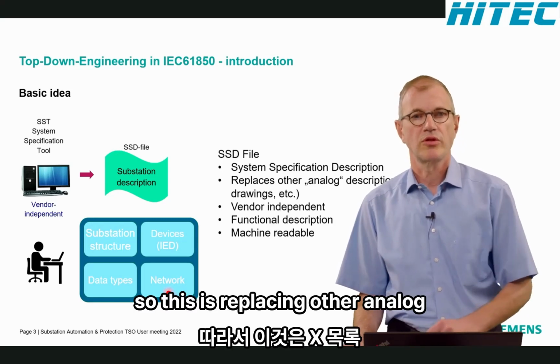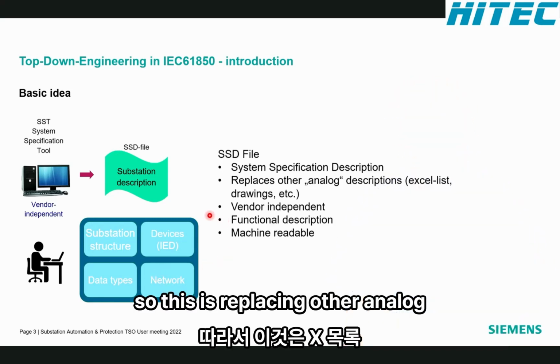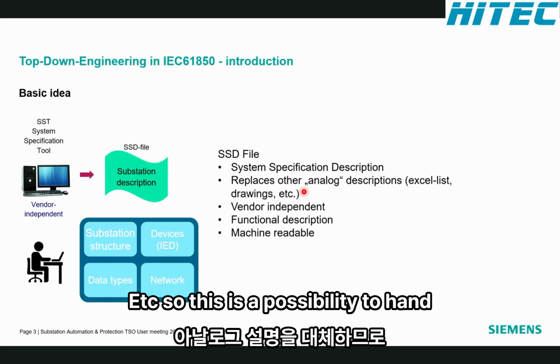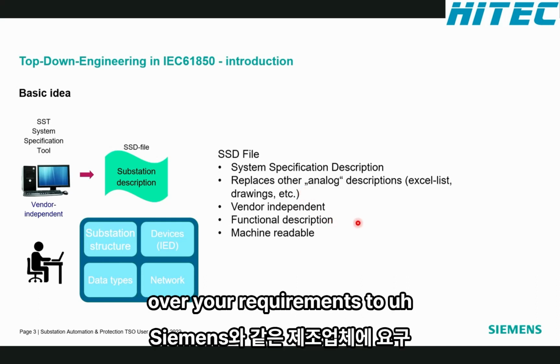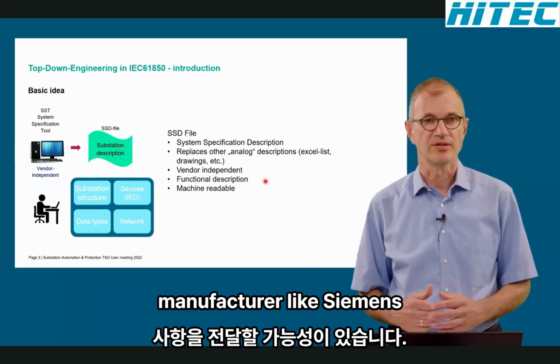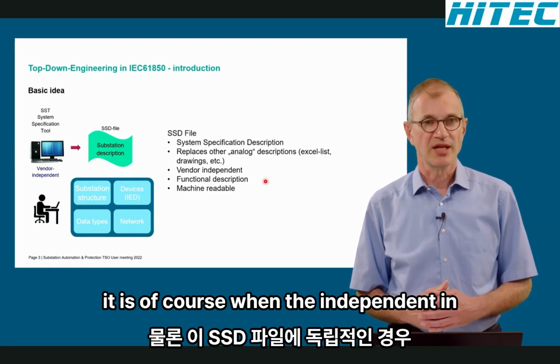So this is replacing other analog descriptions like Excel lists, drawings, etc. So this is a possibility to hand over your requirements to a manufacturer like Siemens. It is, of course, vendor independent.